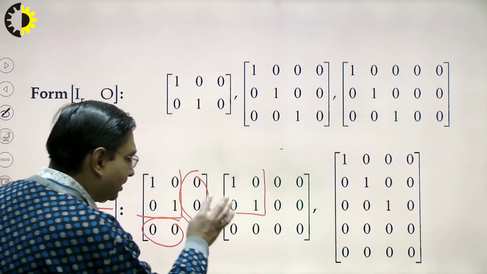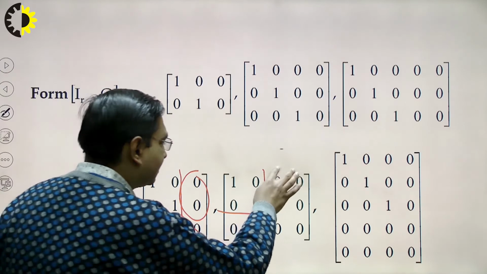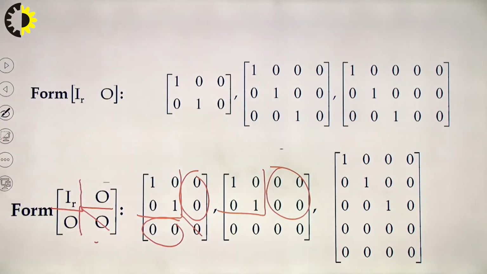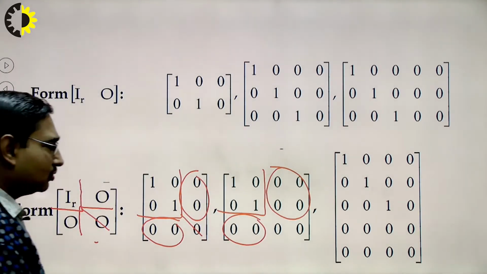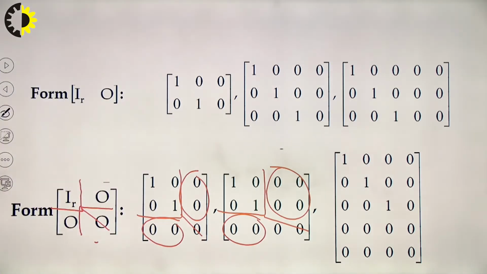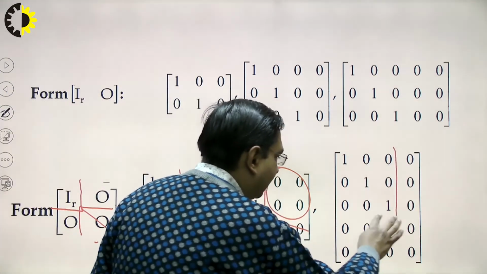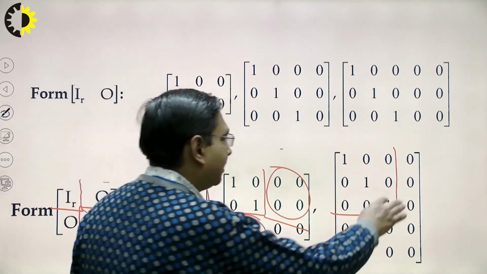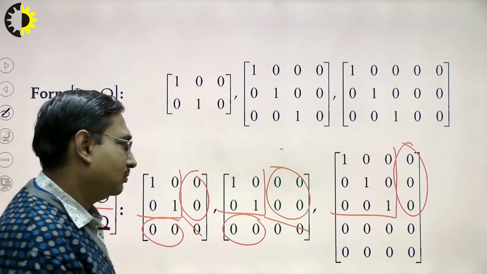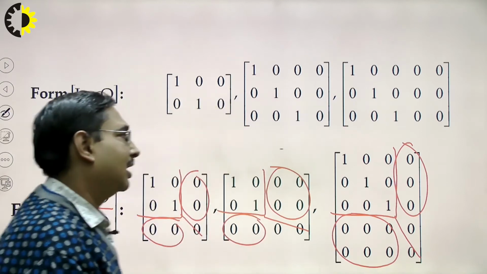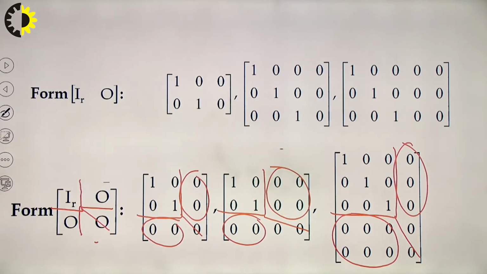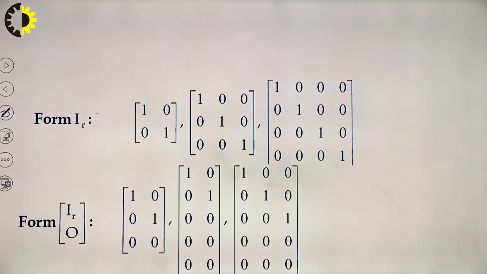Similarly, here this is the identity matrix, the elements on the right are 0, the elements lower than the identity matrix are again 0 and the elements on the diagonal are also 0. Similarly, in this matrix, the elements on the right are 0, the elements below the identity matrix are 0 and the remaining elements are also 0. Thus, if a matrix is written in any of these four forms, then the matrix is in normal form.